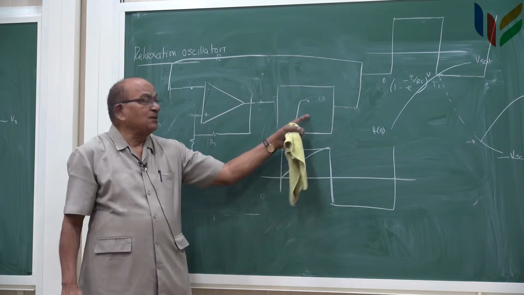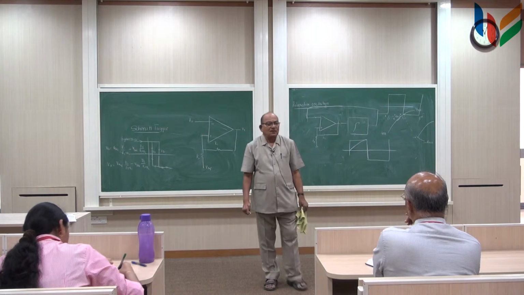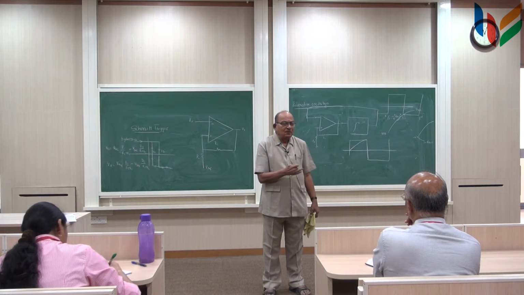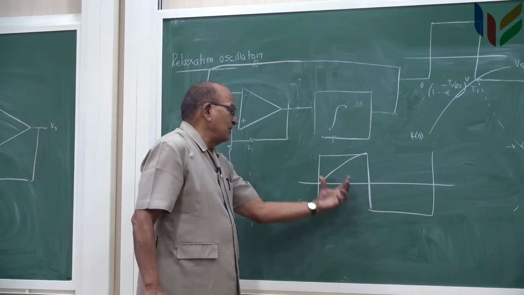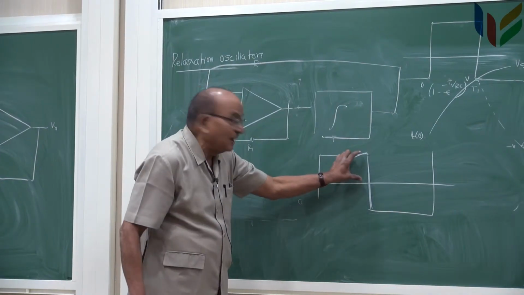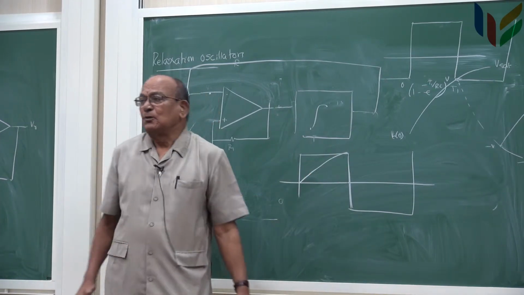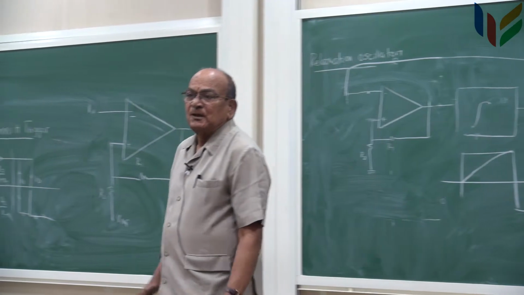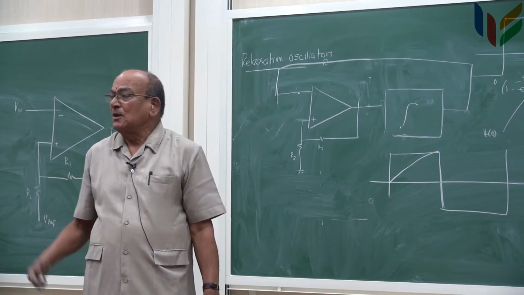So, the slope of that is now decided by V divided by this T1. The rate of this integration should be governed by the requirement that the V of the triangle divided by T1 must be equal to the slope of integration. And in a normal op amp integrator, what is the constant that you have there?